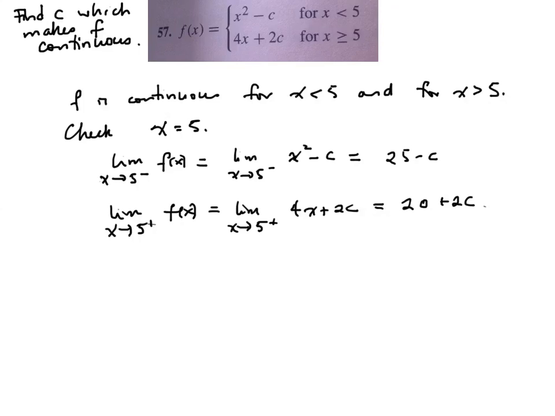Right, and so for our function to be continuous at 5, that means that the left limit and the right limit have to agree, and they have to agree with the value of the function. So we want 25 minus c, which is the limit from the left, to be equal to the limit from the right.